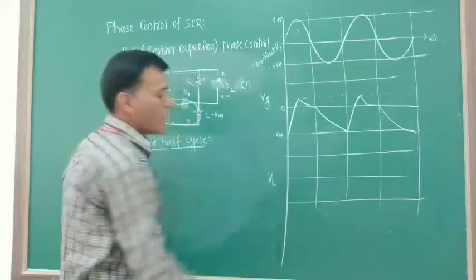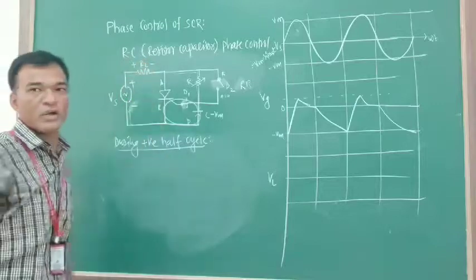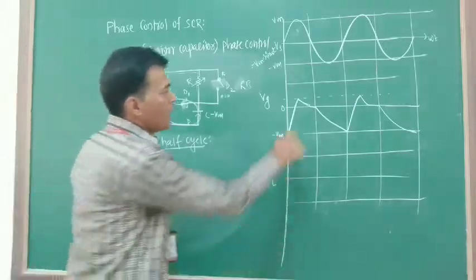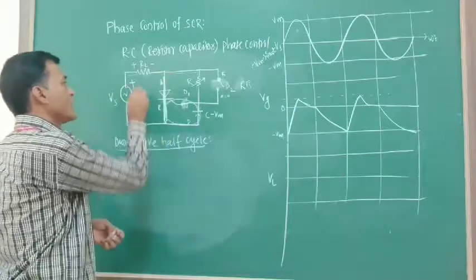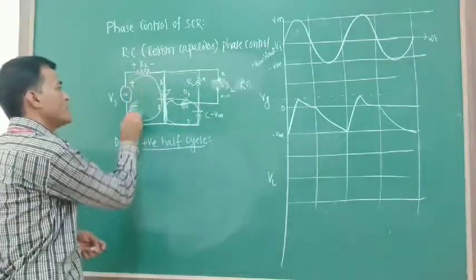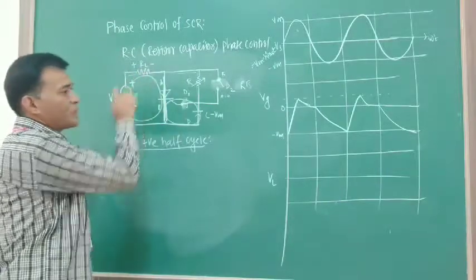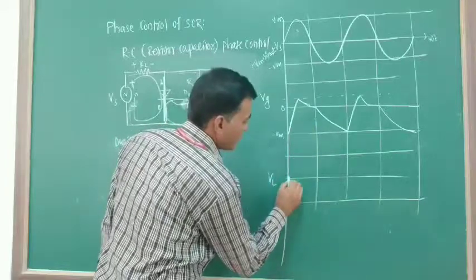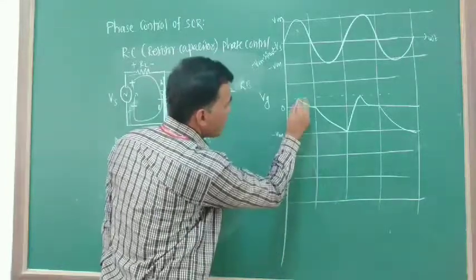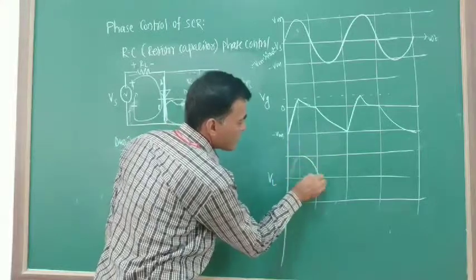So let us draw the VL, that is nothing but the voltage across this load resistance. When the SCR is turned on, it acts as a short circuit and all the current starts flowing in this path. And the output voltage is equal to the input voltage. As the SCR is turned on, at this instant, the output voltage is something like this.